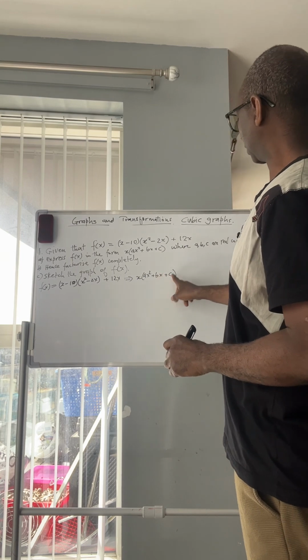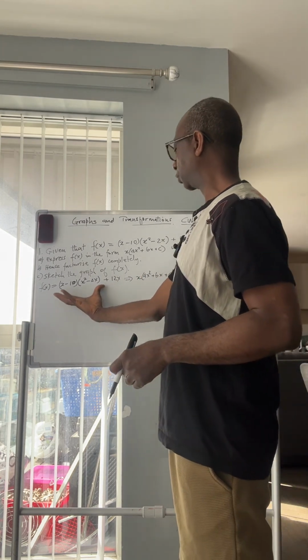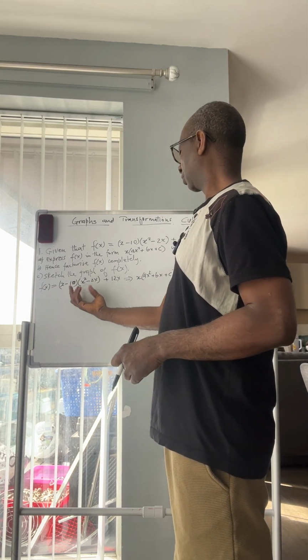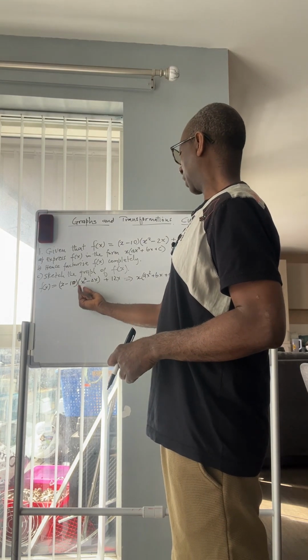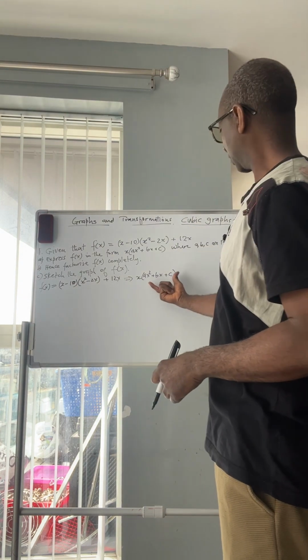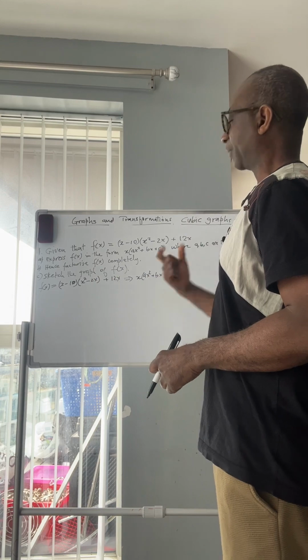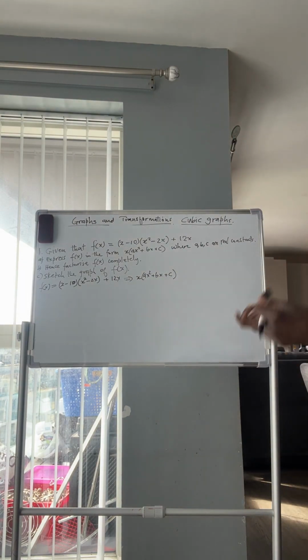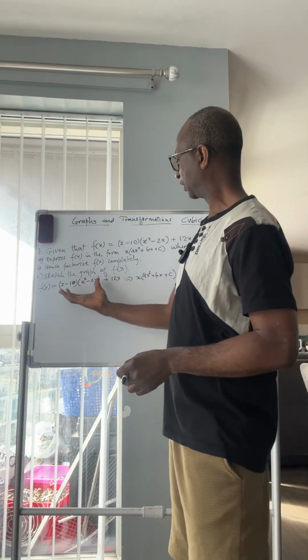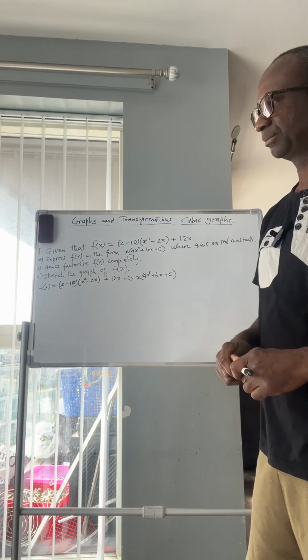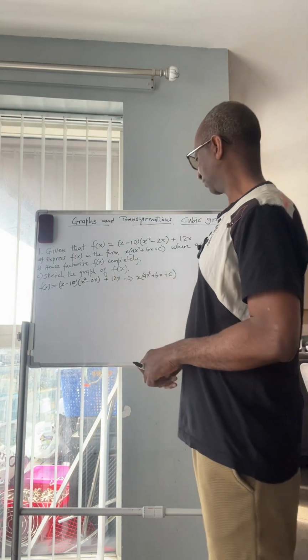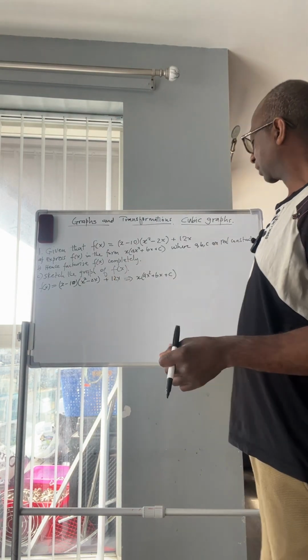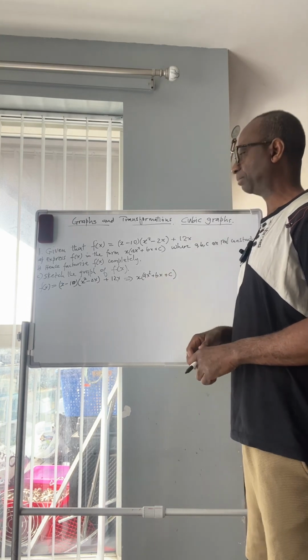So we need to solve this one and bring it in this format. We first need to expand these brackets and then we factorize. Once we do that, we'll be able to put it in this form.